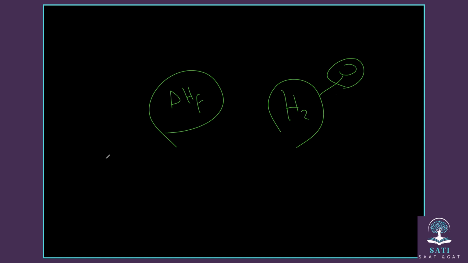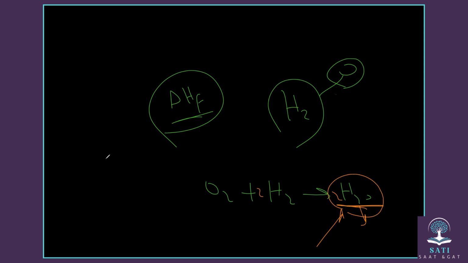And this one we use also in compounds. If we have oxygen plus hydrogen, it gives us water, by the way. And after we balance it, if we are going to find the standard enthalpy of formation of water, it equals what?